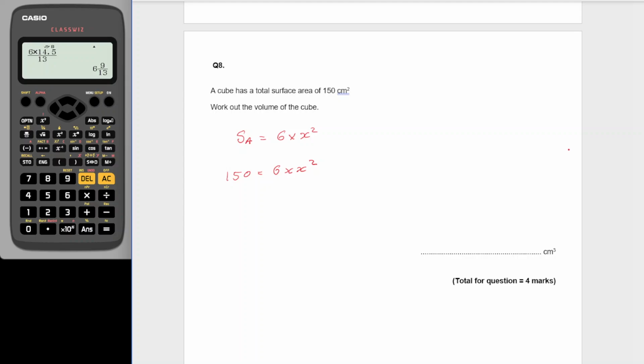So if I do 150 divided by 6, we've got 25 is equal to x squared. So technically plus or minus 5, but we can't have a negative length. So x is going to be equal to 5. So the volume is going to be 5 cubed, which is 125.